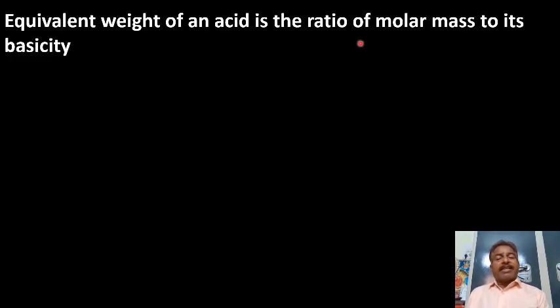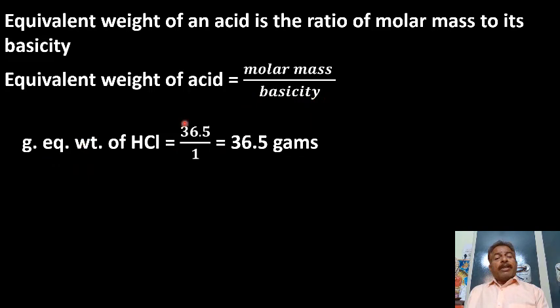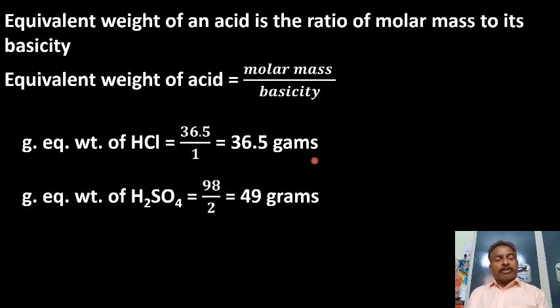The equivalent weight of an acid is the ratio of the molar mass to its basicity. So the equivalent weight of an acid is molar mass by basicity. If it is expressed in terms of grams, it is the gram equivalent weight. So the gram equivalent weight of HCl equals 36.5 by 1, equal to 36.5 grams.